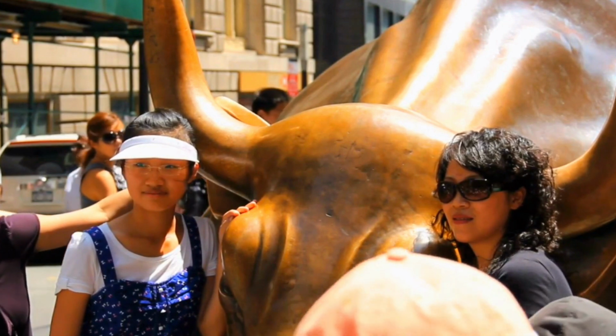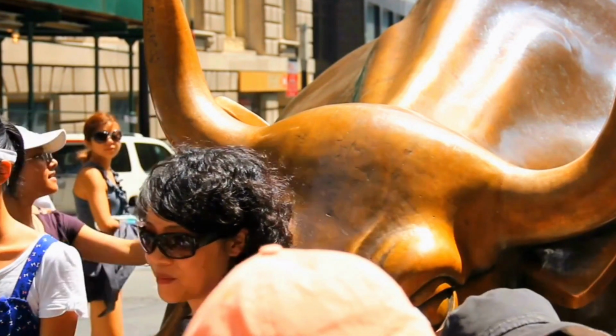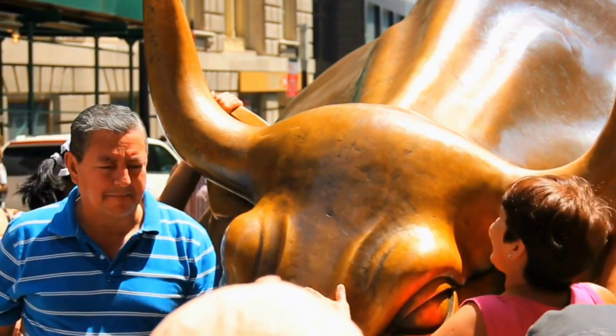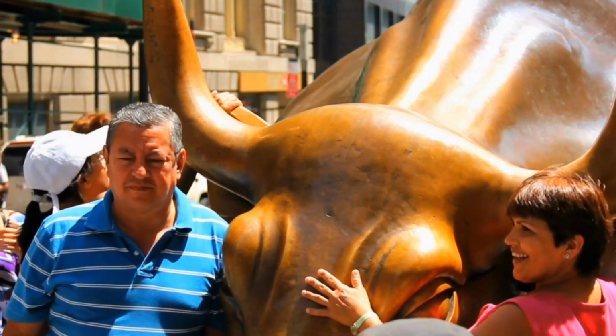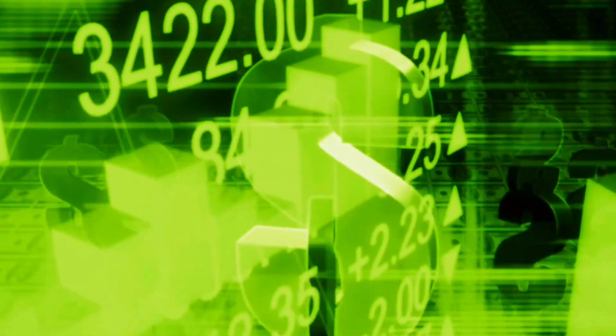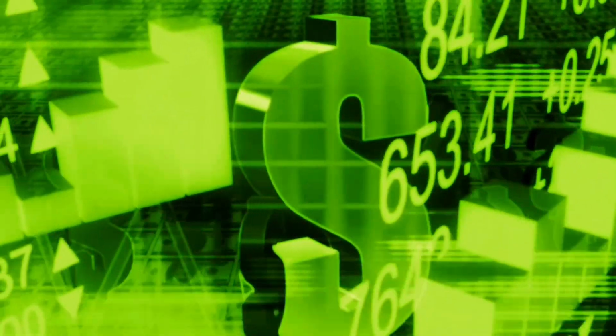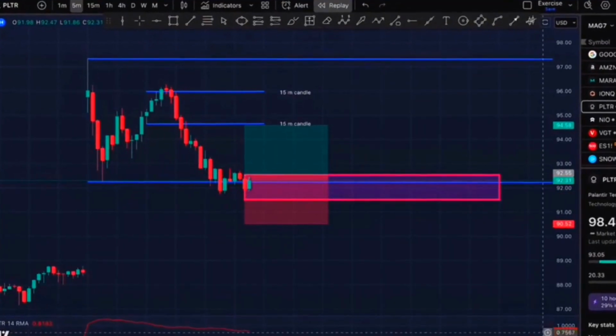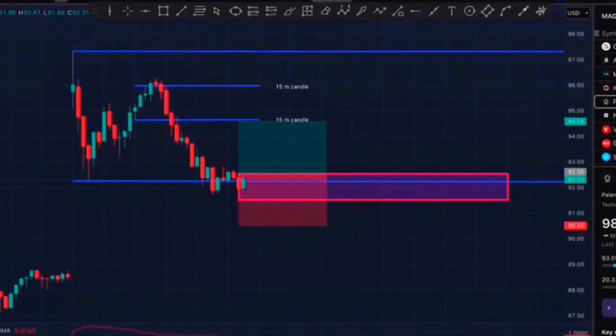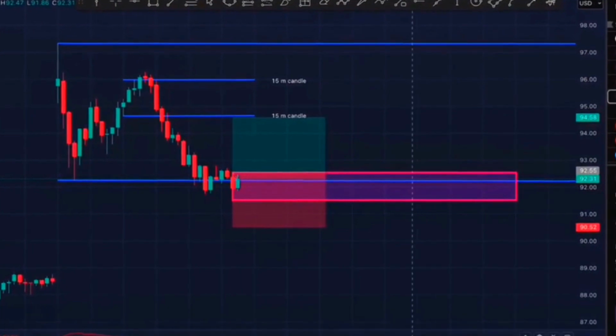Now what I can do is, as always, I like to use the ATR. I have it here, because it measures the volatility. I have it here in red: 0.8188.